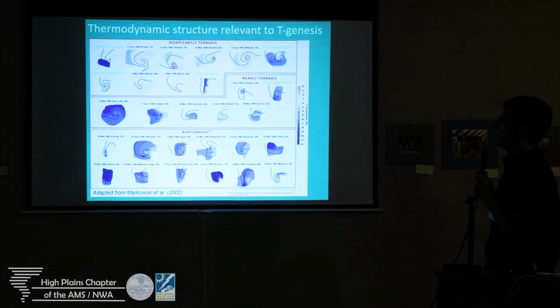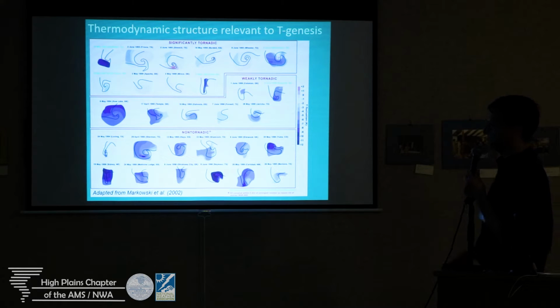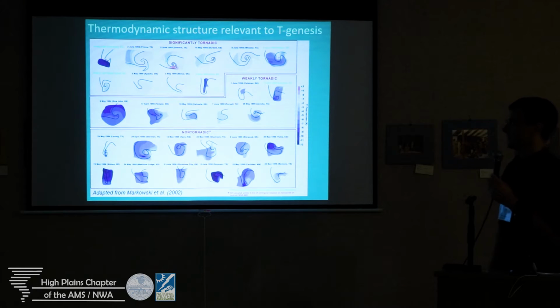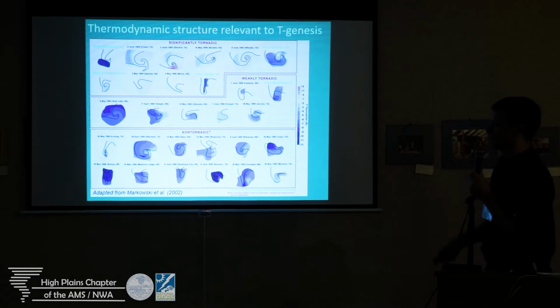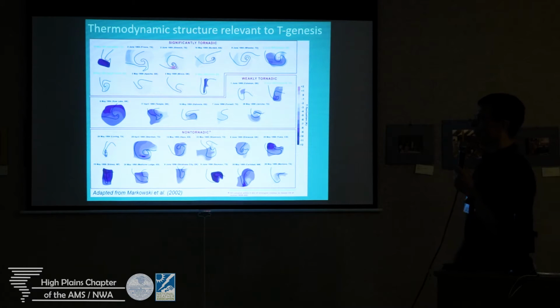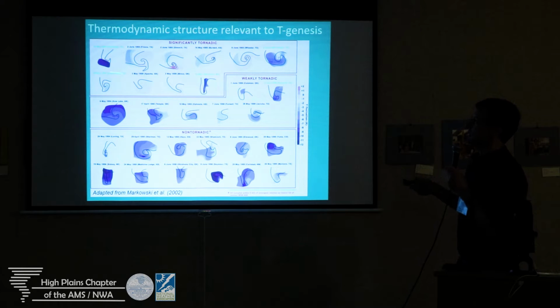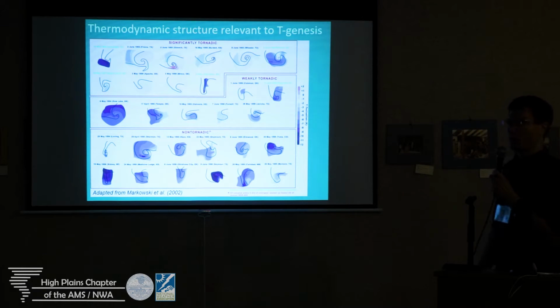And I'm sure everyone probably knows the Markowski et al. 2002 study. They're suggesting, and some other studies have come out that support this pretty well, that the thermodynamic structure in the mesocyclone itself seems to play a pretty prominent role in tornadogenesis, where they see that weakly tornadic storms and non-tornadic storms tend to have really cold outflows in the hook echo region of the storm, whereas significantly tornadic storms tend to have relatively warm outflows.